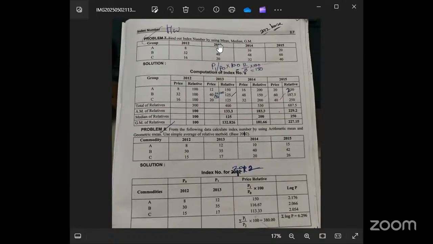So next we need to find out geometric mean for 2013, 14 and 15. So we need to find out geometric mean.